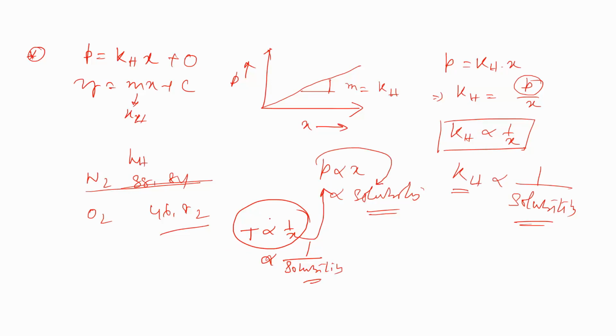So when we increase the temperature, the solubility is decreased. Now 1 by solubility is proportional to KH, and KH is proportional to T.